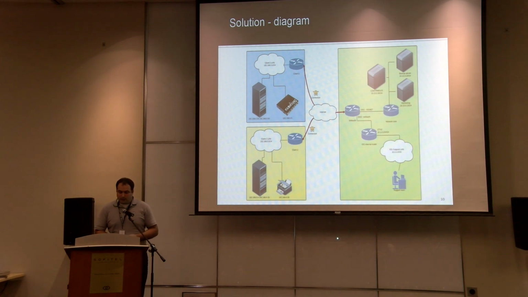So basically, this is a simple diagram. It's not exactly what we have in production, but I tried to keep it as simple as possible to explain how it works. Here, on top, we have two clients, a pretty simple setup, but a typical setup. And on the other side, we have the ISG network.